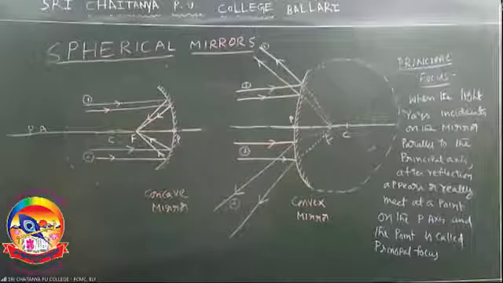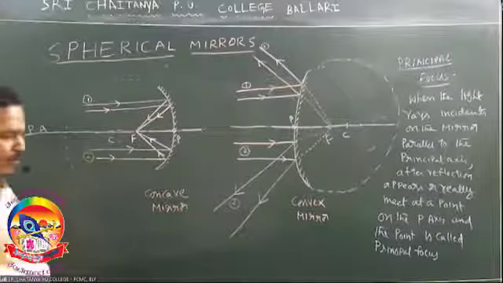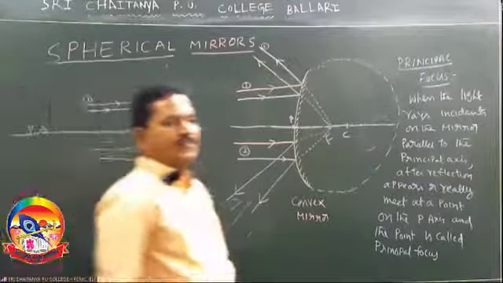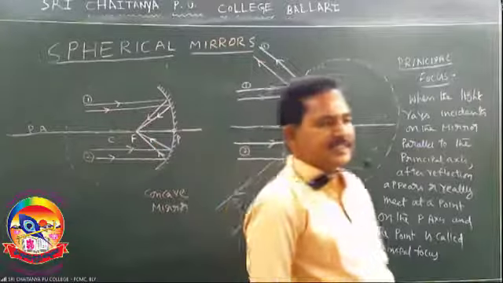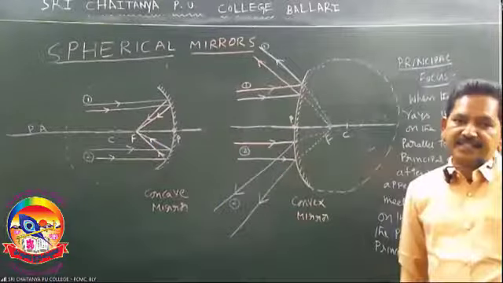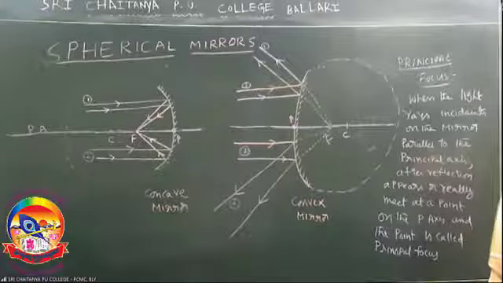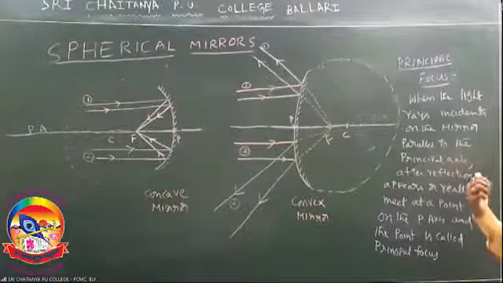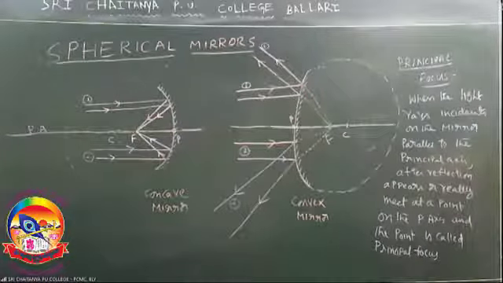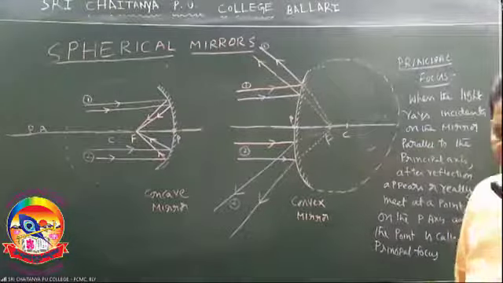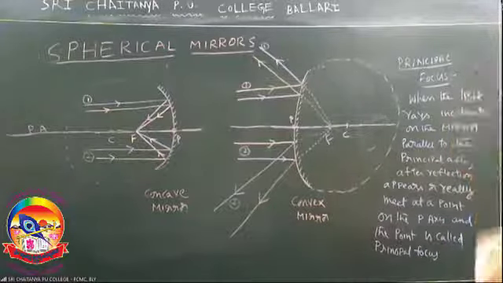So, pole of the mirror over, center of curvature we discussed, radius of curvature we discussed, principal axis we discussed, marginal rays, paraxial rays, and the principal focus. Now, focal length.